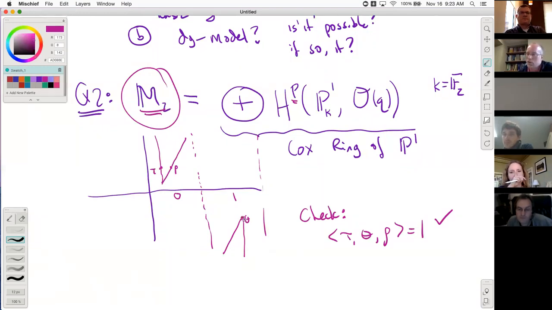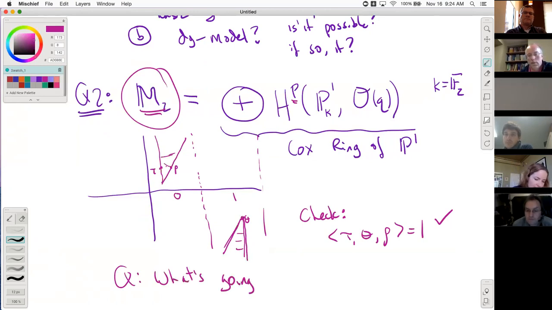The way these spectral sequences often work out, the cellular spectral sequences that I was talking about before, the interactions between the two pieces seem to be so rigidly controlled that it's not out of the question that somehow there's a secret grading that separates them that we couldn't see before. So the question here is, what's going on? And I think I'm going to stop there. Thank you.